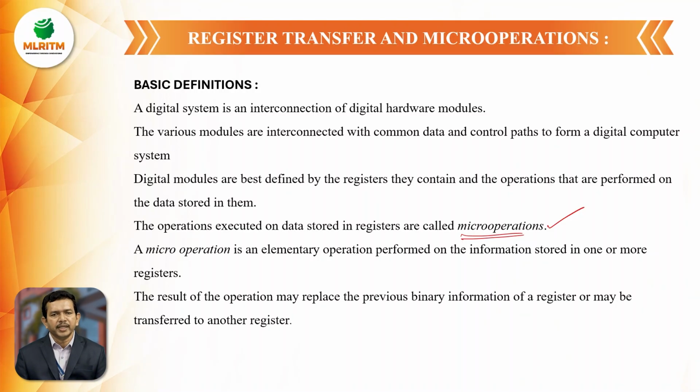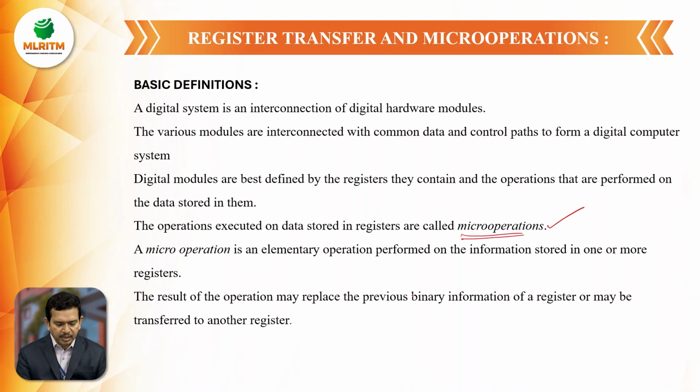If you are applying any type of operation, that particular operation is considered as a micro operation. See, a micro operation is an elementary operation performed on the information stored on the registers. If you are applying some operation on the information stored on the registers, that is considered as a micro operation.